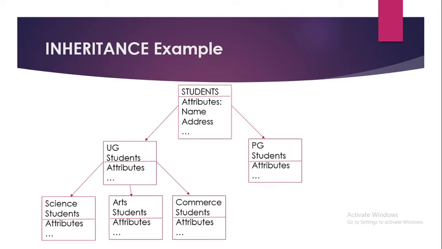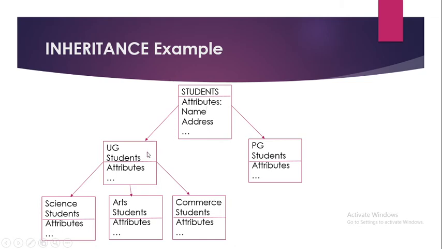So science students, arts students, and commerce students are derived from UG student, and UG student is derived from student. If I am talking about the attributes of UG student, UG students will have attributes which are coming from students as well as its own attributes.